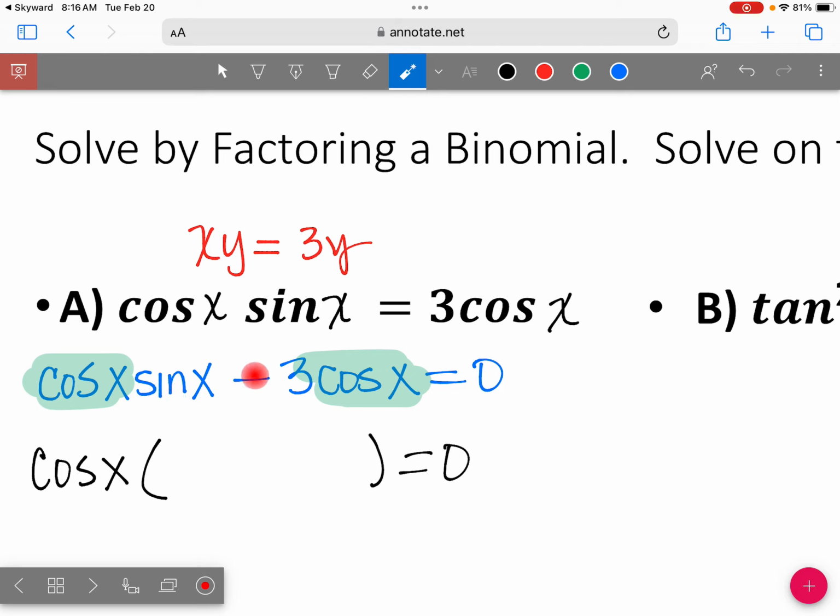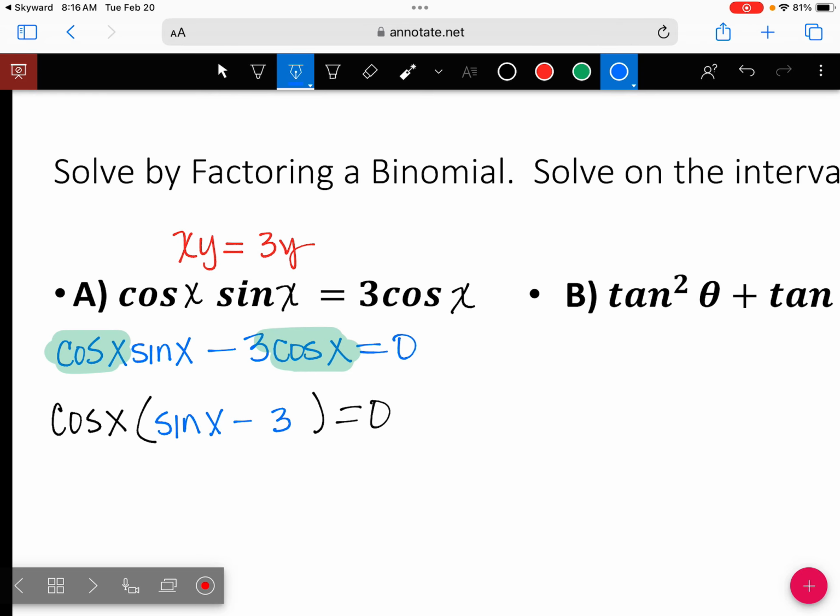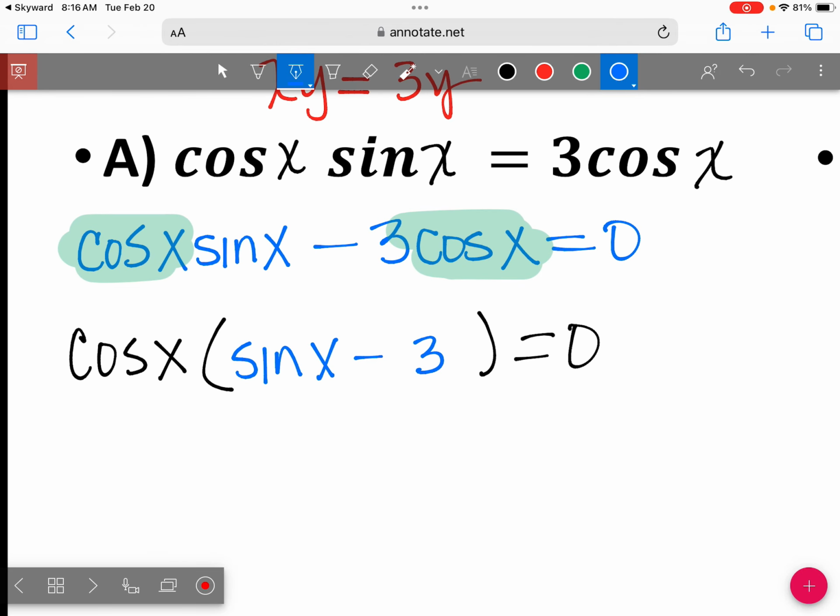Sine x minus 3. That would be left inside. So these are 2 factors. So now we're going to set both of these factors equal to 0. So this is my first factor. Cosine x equals 0.